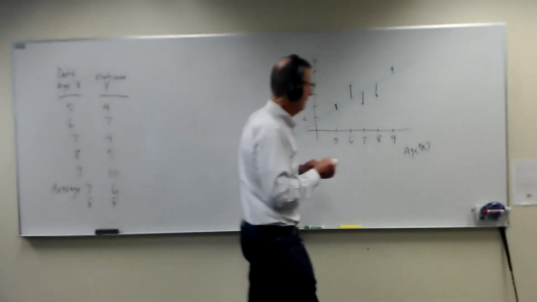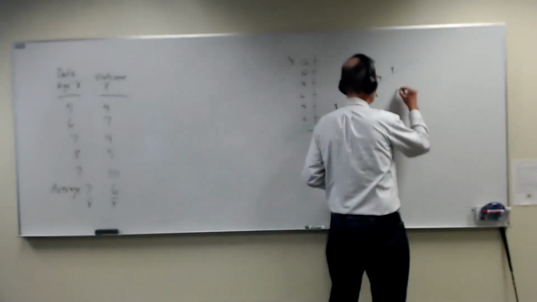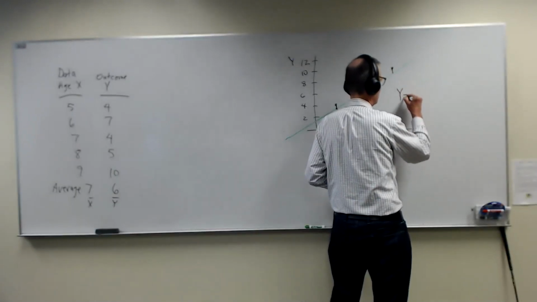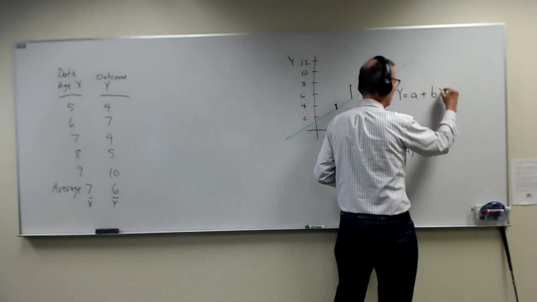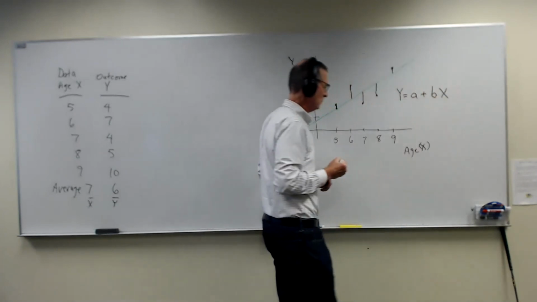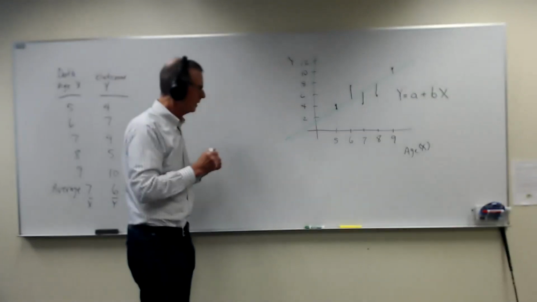We're fitting a line, so the line is going to have a formula of y equals some constant plus some slope times x.